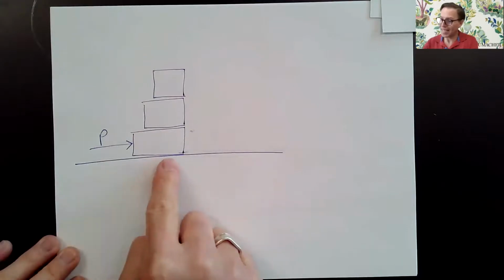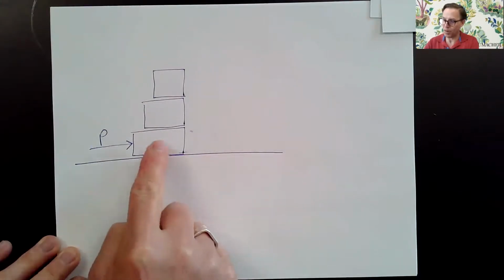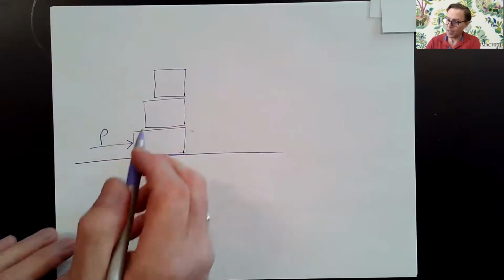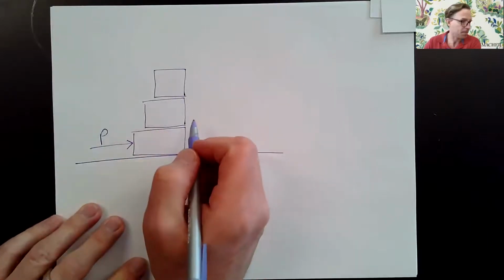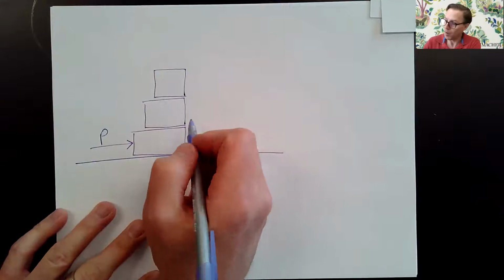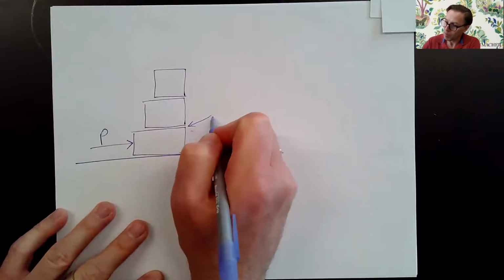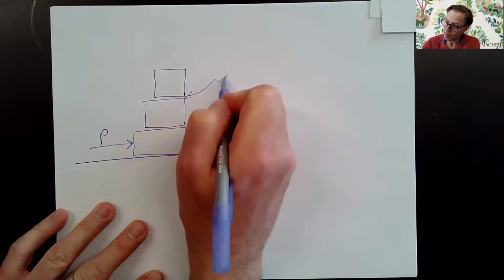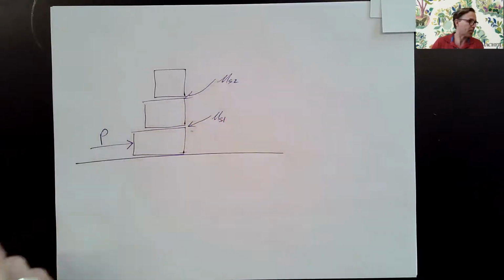Let's say that we're on an ice skating rink, so we don't have to worry about friction between this bottom box and the ice, or the bottom book and the ice. But there is going to be friction in here, and there is going to be friction in here. And we'll just call this mu sub S1 and mu sub S2.